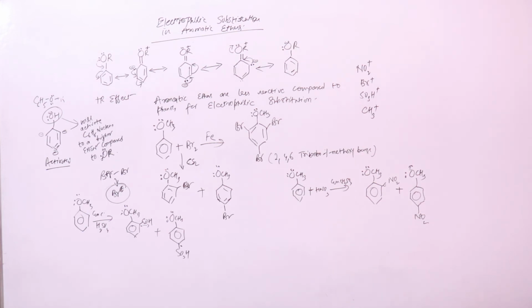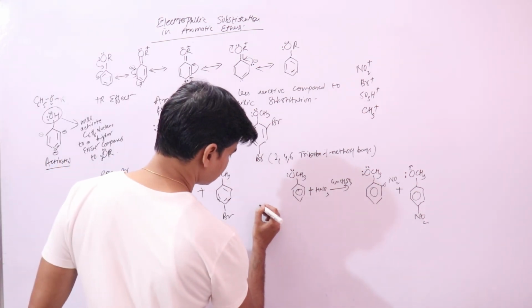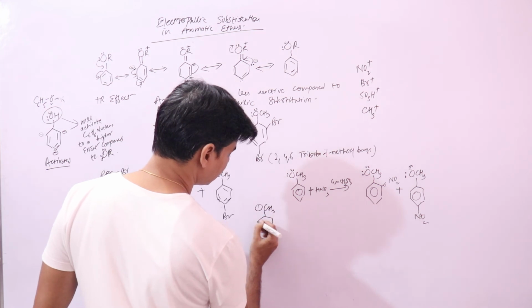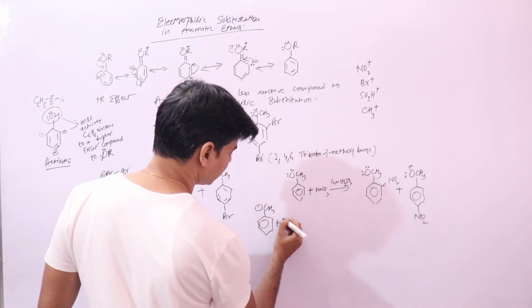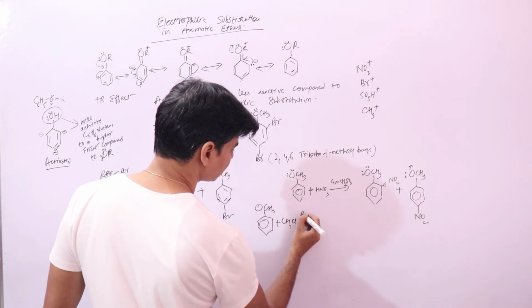And we have the famous Friedel-Crafts reaction also, right? Let's look into the Friedel-Crafts reaction, where your anisole will react with methyl chloride and anhydrous aluminium chloride to form ortho methyl anisole and para methyl anisole, right? It's OCH3 plus methyl chloride in the presence of aluminium chloride.